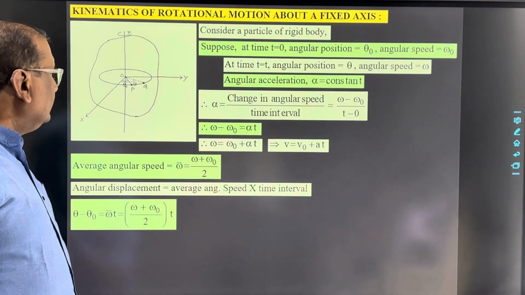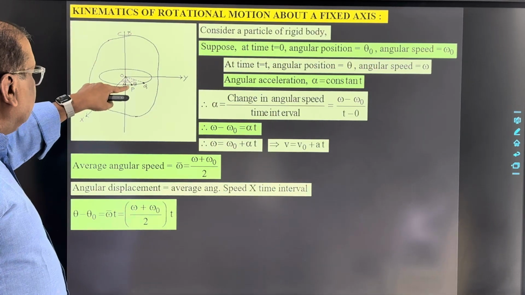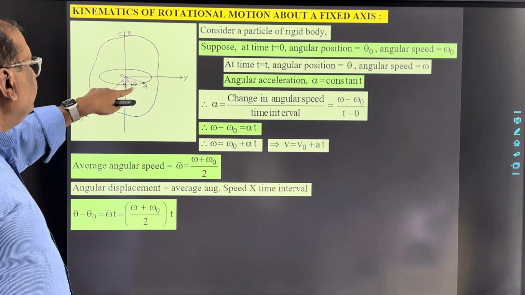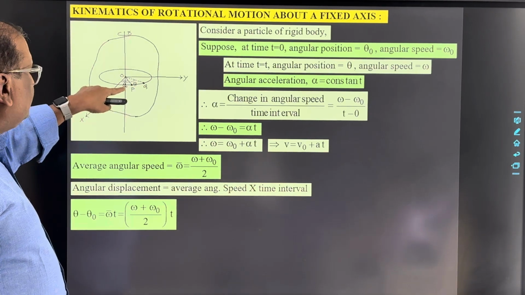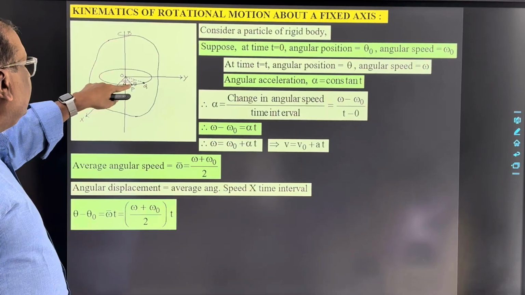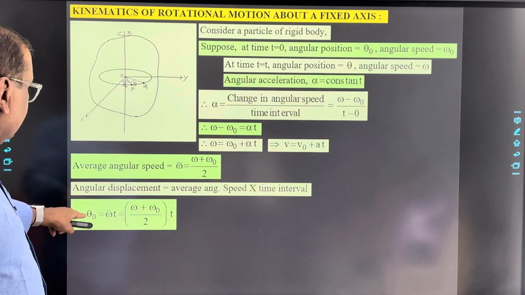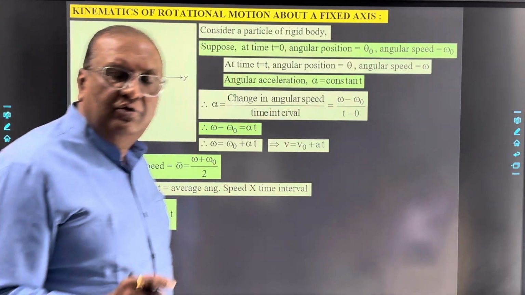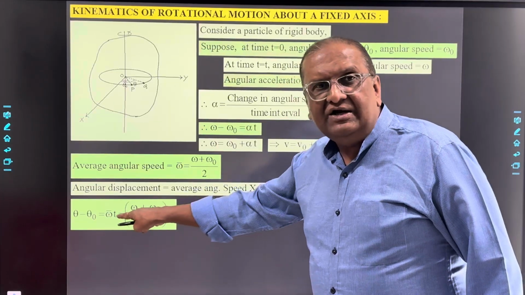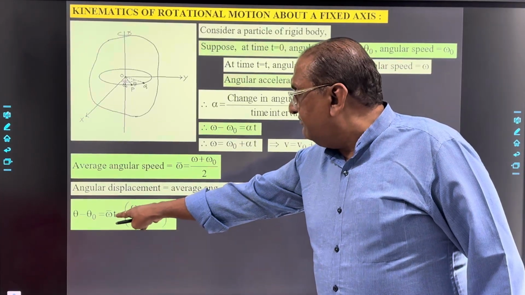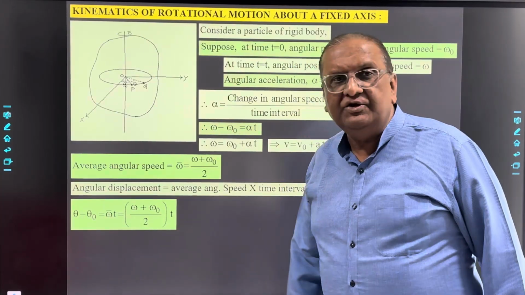Now at time t equal to 0, the particle is at P, and at time t equal to t, it is at Q. So the displacement is theta minus theta 0. We can write the angular displacement theta minus theta 0 equal to the average angular speed omega bar into time t, that is omega plus omega 0 by 2 into t.